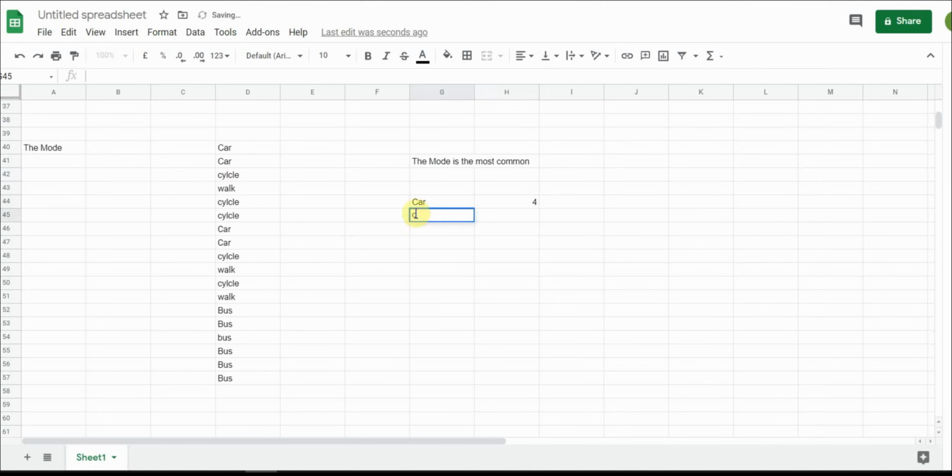Cycle would be 1, 2, 3, 4, 5. Walk would be 1, 2, 3. And then we're on to bus, which is 2, 4, 6, which is 6.